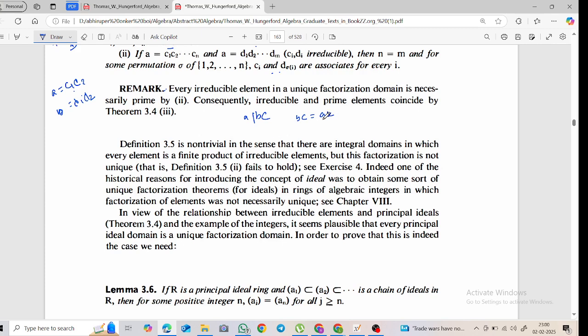Since this is irreducible, K has one such decomposition, so you can write K as K1 through Kn. So A has to divide one of B or C, right? Is it clear to you that A has to divide B or C?